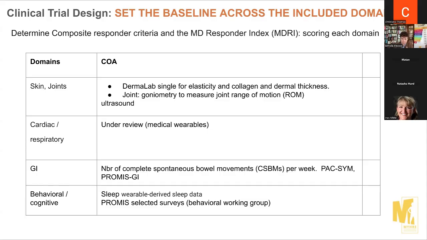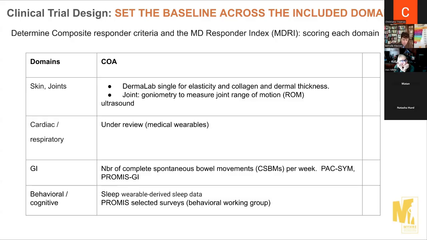So we chose the Dermalab and the Dermalab Single for elasticity and collagen and dermal thickness that we are going to measure, and the joint with the goniometry to measure the joint range of motion, so how much you can move an articulation. And we might add the ultrasounds as a backup, but the main 2 measurements that are really standardized, agreed by the FDA and the EMA, are the Dermalab and the ROM.